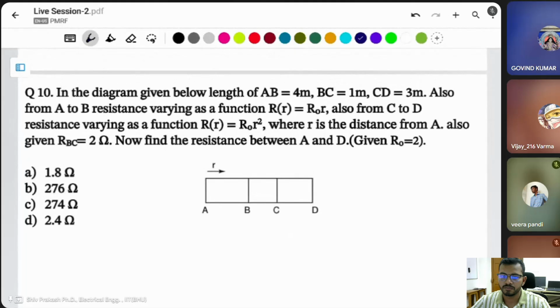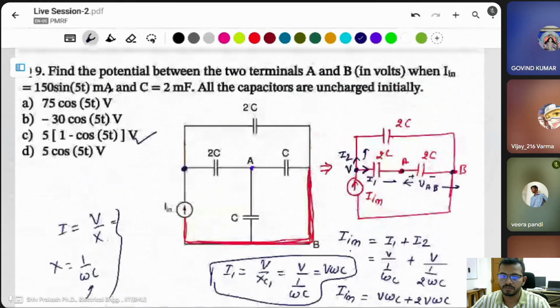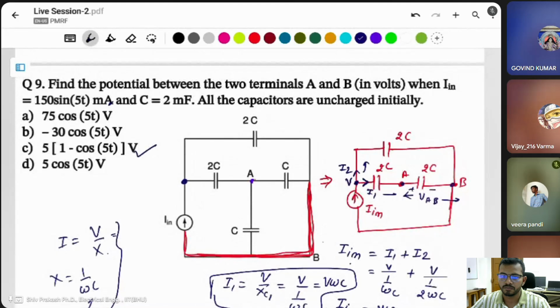Question three. Has this question already been solved, or can I solve this one? Sir, the previous problem? Yes, sir. This is a new one; the previous one. This one, yes sir, a little bit down, sir. Here we want to find VAB, no, sir? So 1 by 2C should we take, no, sir?